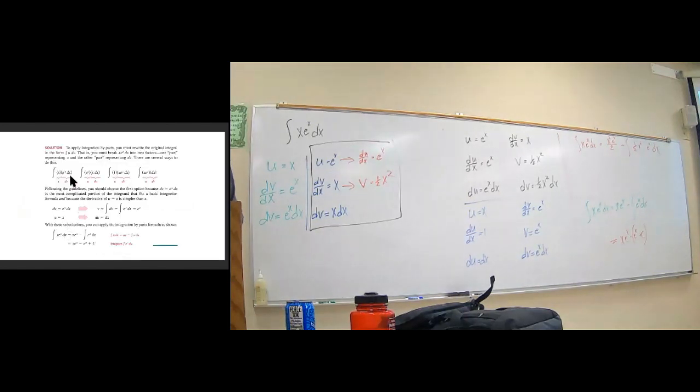So just looking really quickly at the way they go about this. They consider each possible combination of integrals. You have the case where x is u and dv is e to the x dx. You have the case where u is e to the x and dv is x dx. You have the case where u is 1 and dv is x e to the x dx.